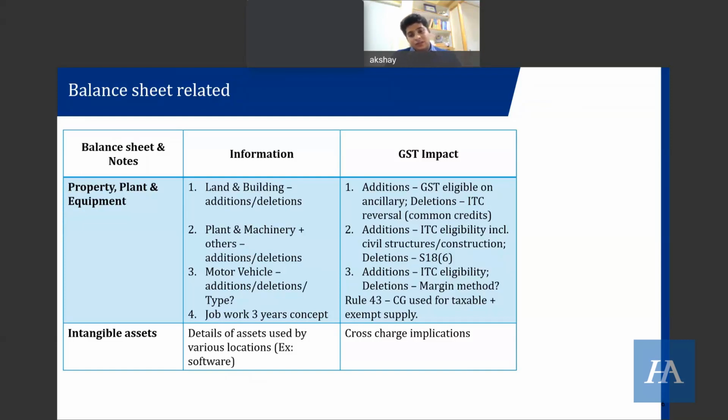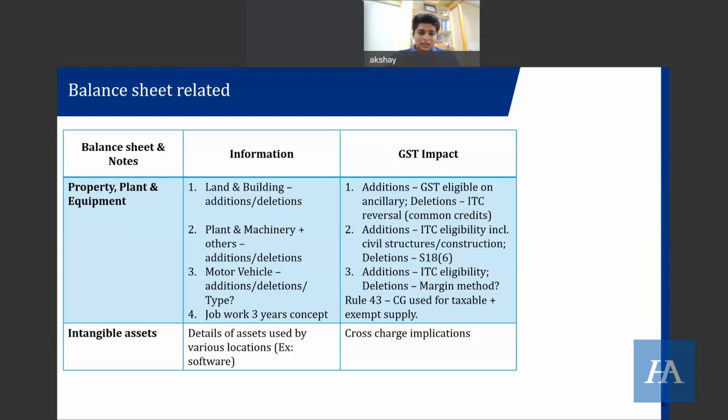Even if the plant and machinery has certain civil structures which are built for the purpose of the plant and machinery, or construction activity which is taking place for the purpose of the plant and machinery functioning, the credit is eligible. Generally, this is where assessees are losing out and thinking, okay, credit is not eligible, let me not claim, but it is.